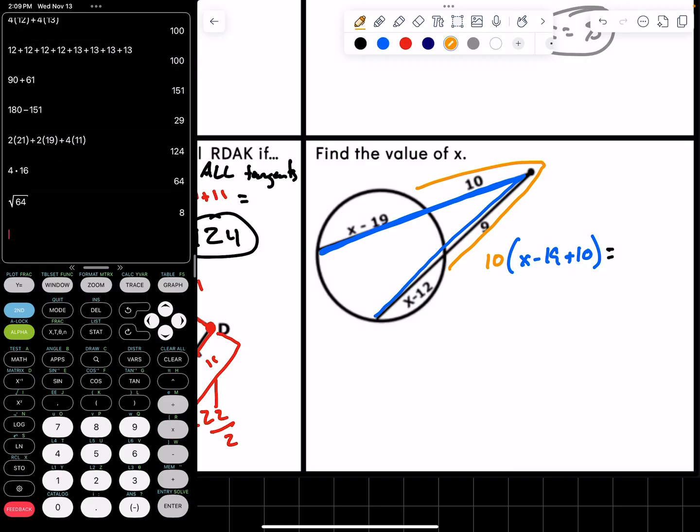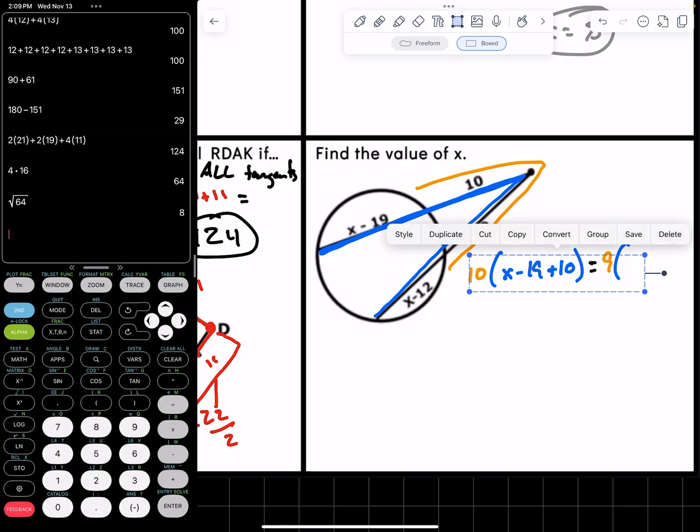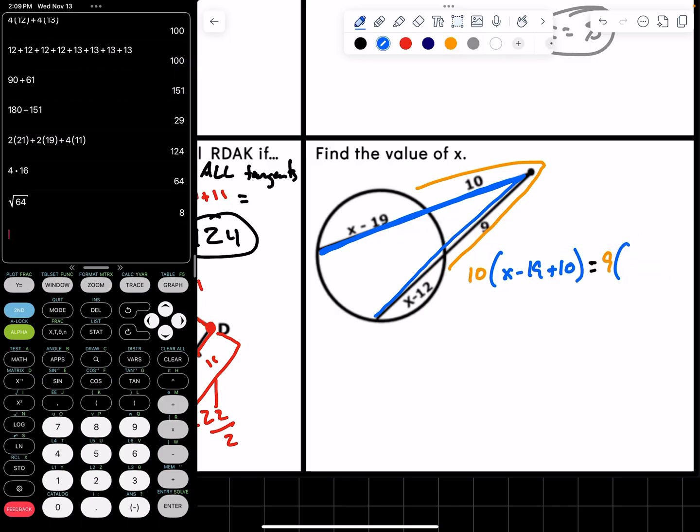Equals, same thing, 9 times our whole piece is going to be, and I'm actually going to move this down a little bit to give myself a little bit more room, x minus 12, but I have to add 9 to it because, again, it's this whole piece. Can't forget any of it.